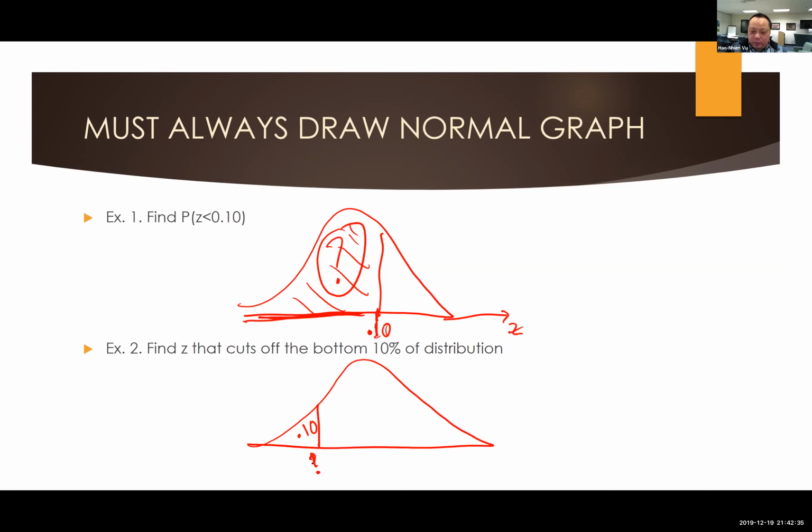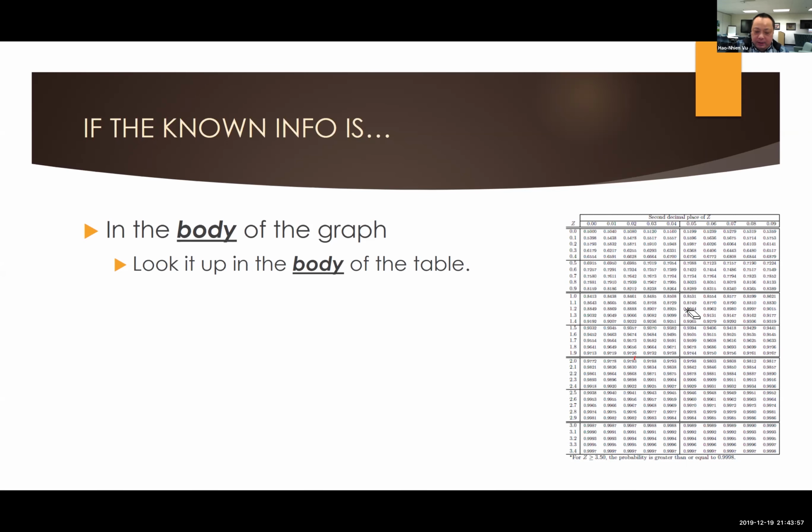So that's how you tell which problem. In the first one, we're given the number 0.10 on the edge of the diagram of the graph. So we're going to look for 0.10 on the edge of the table. In example 2, the 0.10 is in the area, in the body of the graph. So we're going to be looking for 0.10 in the body of the table. All right, so here's the rule.